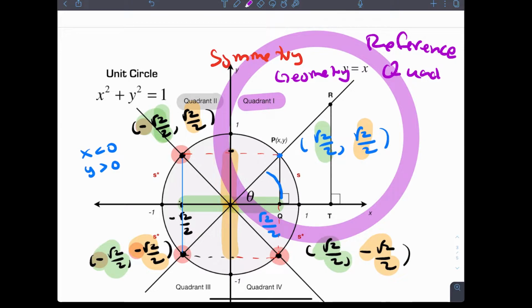So it's vital that you know quadrant 1. And all you really have to know for quadrant 1 is 45 degrees, 30 degrees, and what? 60 degrees. I'm going to say that again: 30, 45, and 60. That's all you really have to know. Two special triangles. If you know that, you could deduce everything else.